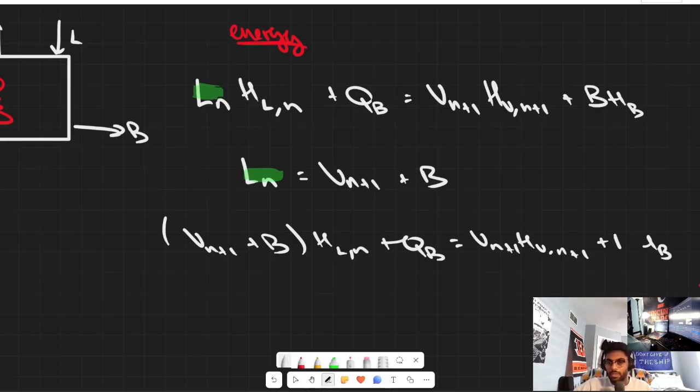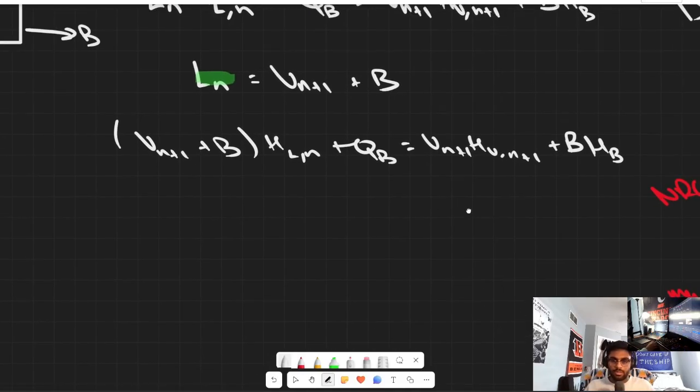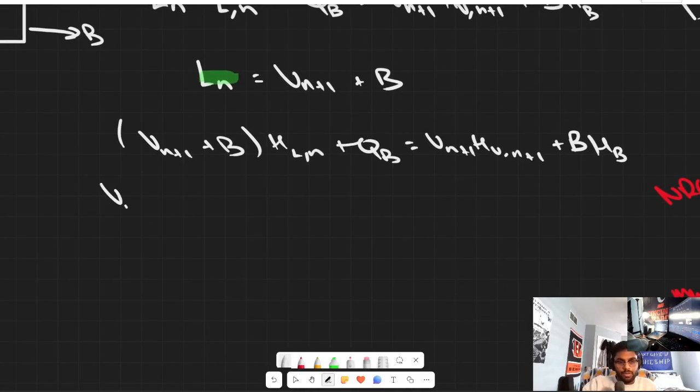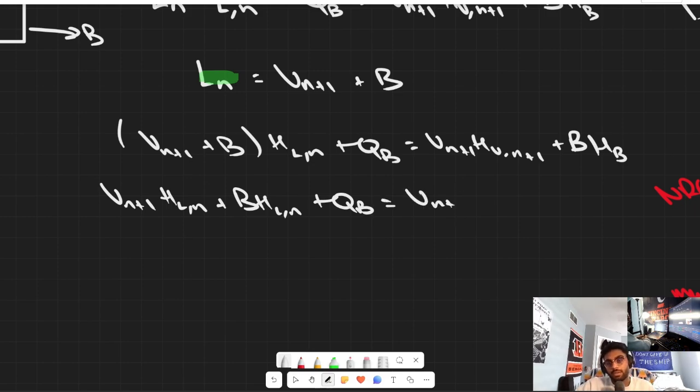That's not what I wrote. There. And then again, we will combine our terms. So we're going to have a Vn plus 1 times HL N, and let's see how this works out. So Vn plus 1 HL N plus B HL N, that's the liquid enthalpy.